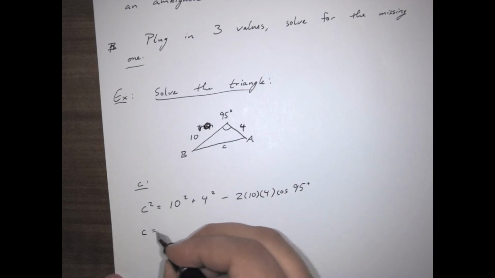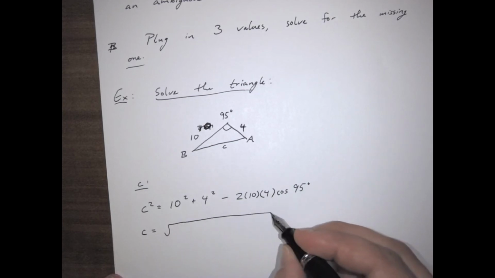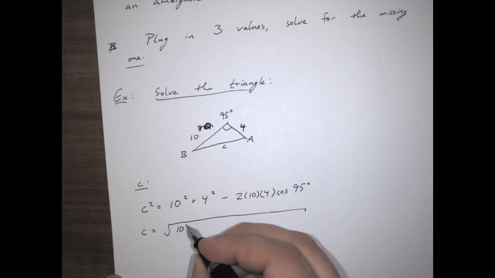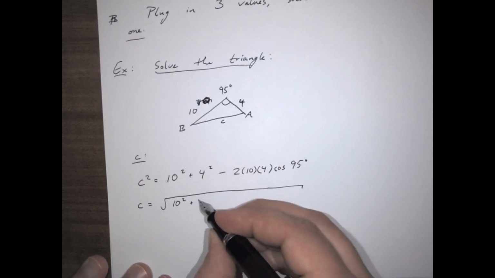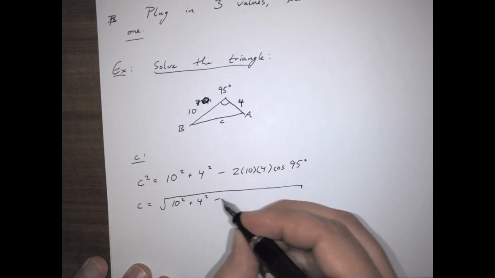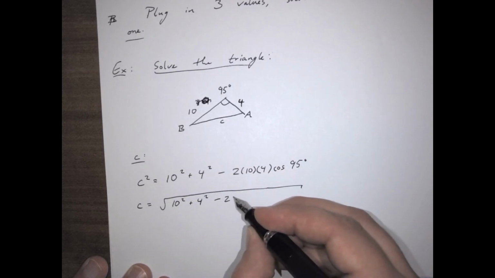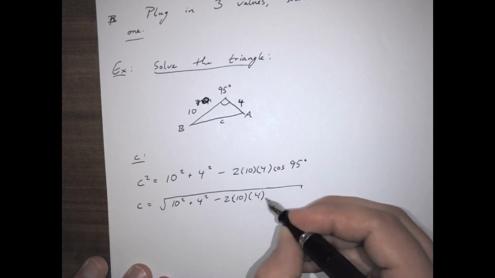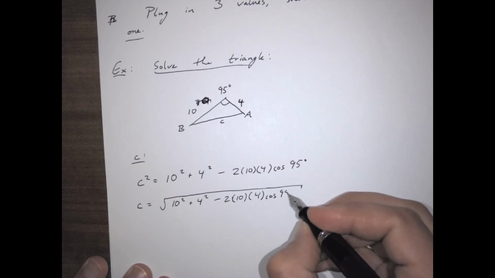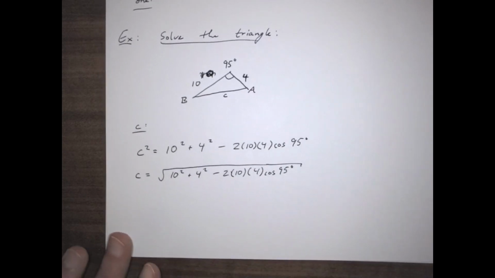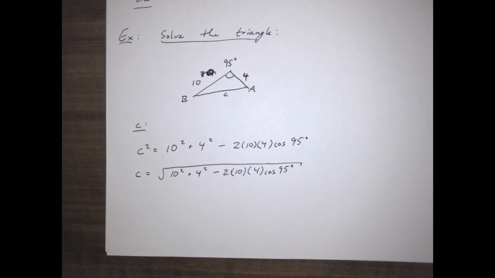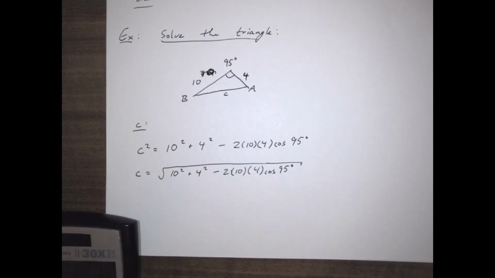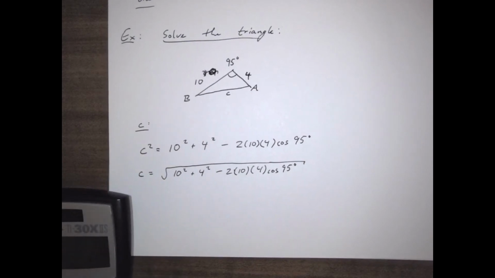So that means that c is just going to equal the square root of all that. Now I'll just go ahead and write it like this and let my calculator do the hard work. We never really consider the negative possibility here. We are not interested in negative sides of triangles.